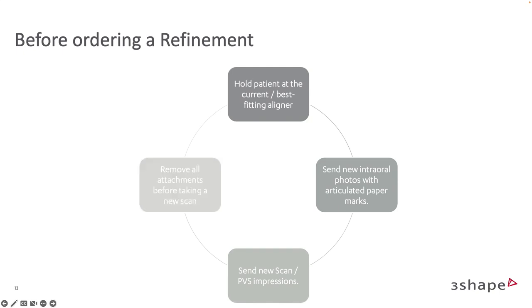And last but not least, remove all the attachments before taking a new scan. The reason that we recommend removing all the attachments is because you may not need those attachments anymore. We might need new attachments added, and also the current attachments might have been worn out with weak engagement.